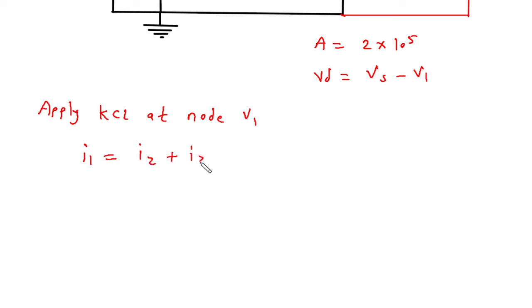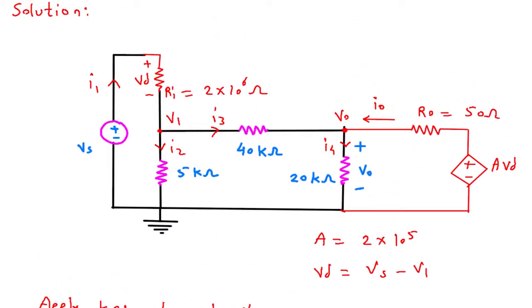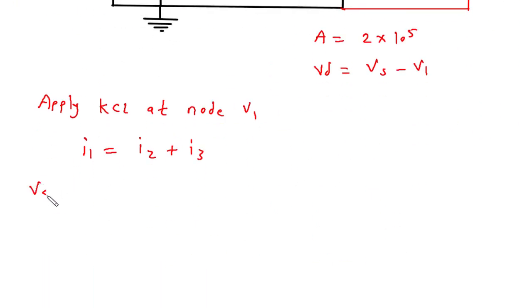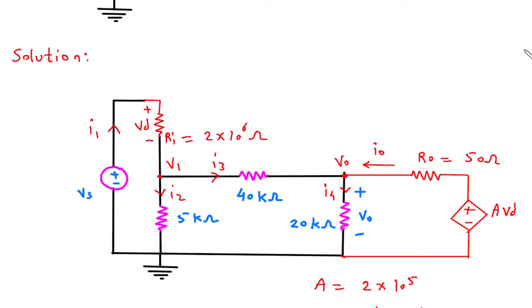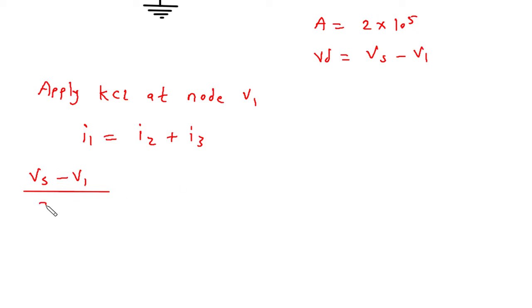Now this I1 is equal to Vs minus V1 divided by 2 mega ohm, so it will be 2 into 10 to the power 6, is equal to I2.